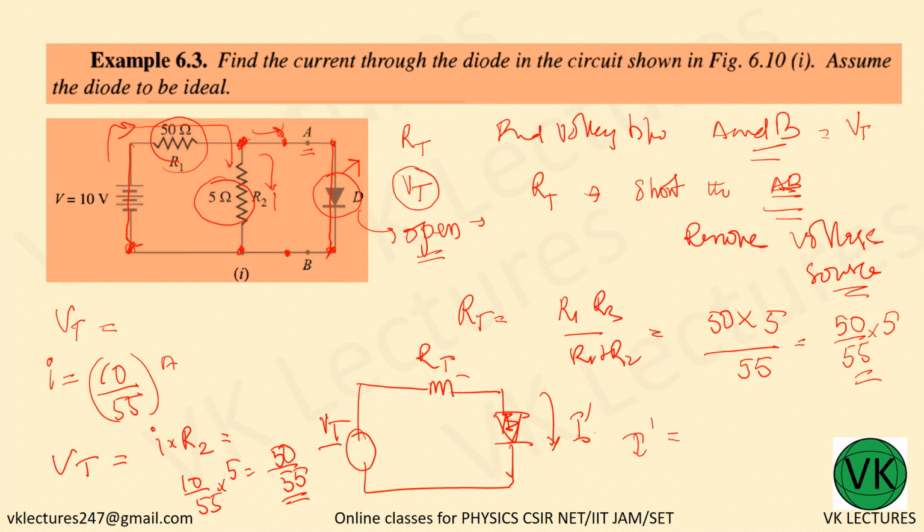Vt is 50 divided by 55, divided by RT. What is RT? 50 into 5 divided by 55. 55 cancels, and this 50 by 50 is 1 by 5, that is equal to 0.2 ampere. This is the current through the diode.